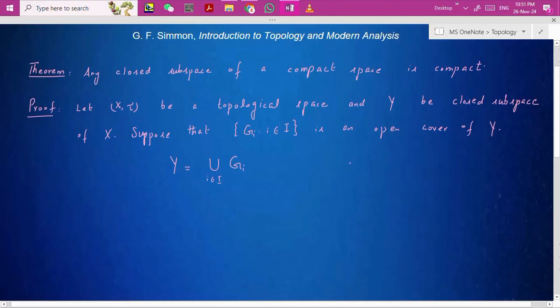Actually, by the definition of open cover, basically we write it this way: Y is a subset of the union of G_i, i belongs to I. Ultimately we can get the equality, which is a consequence of this inclusion. Both are correct, and normally we use the equality for the sake of simplicity and convenience for the students.